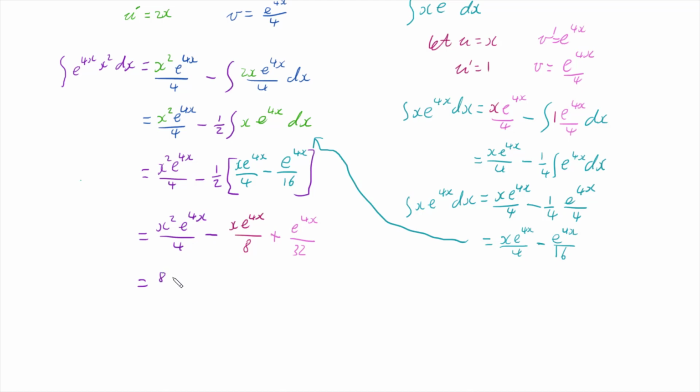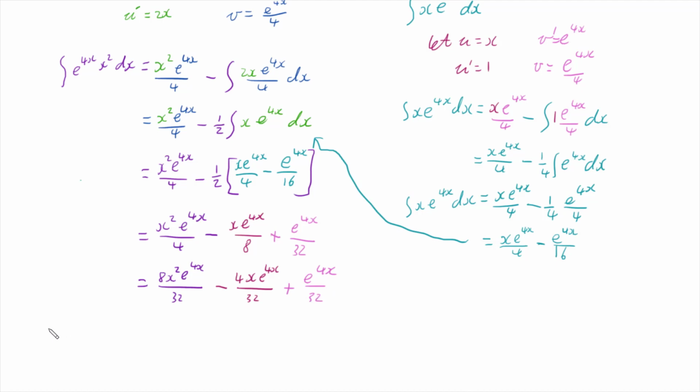So I've got to have 8 x squared e to the 4x on 32 minus, what have I got to do to 8 to get it to become 32? I've got to times it by 4. So times top and bottom by 4 gives us 4x e to the 4x on 32 plus e to the 4x on 32.